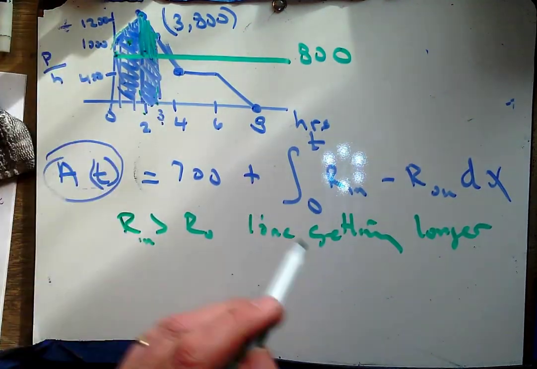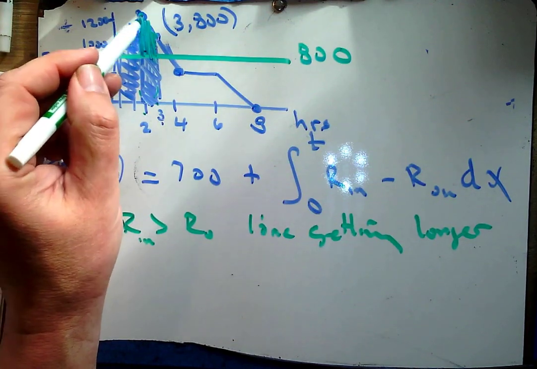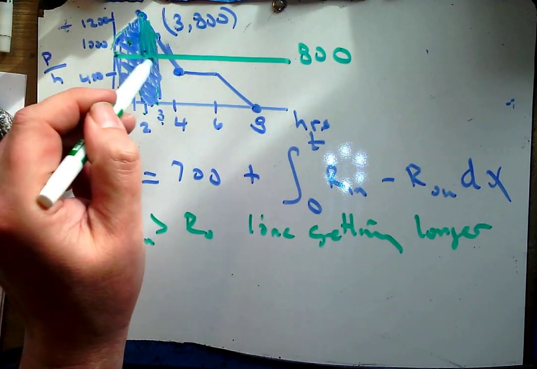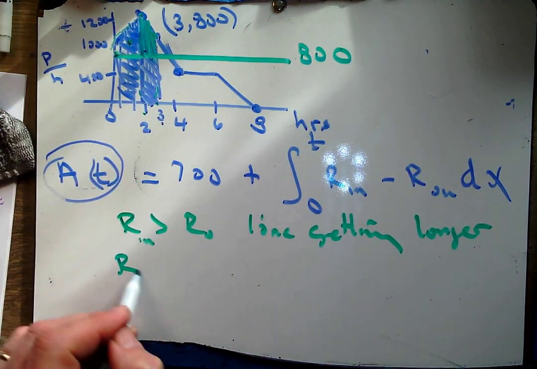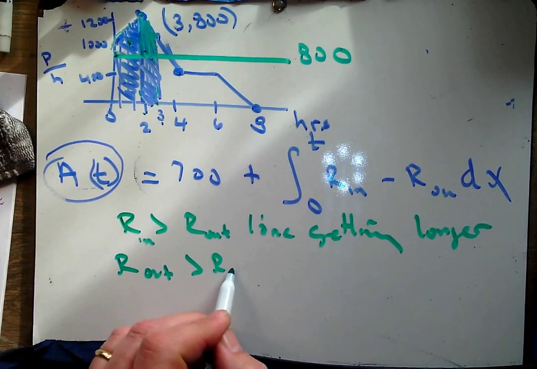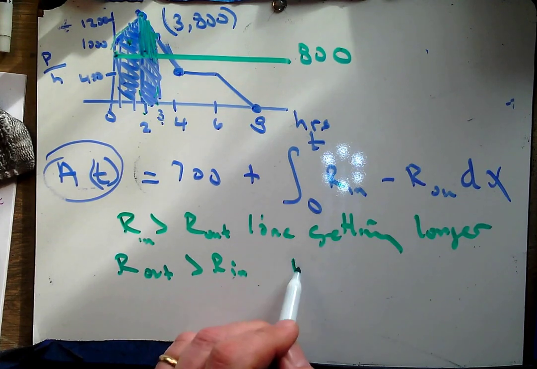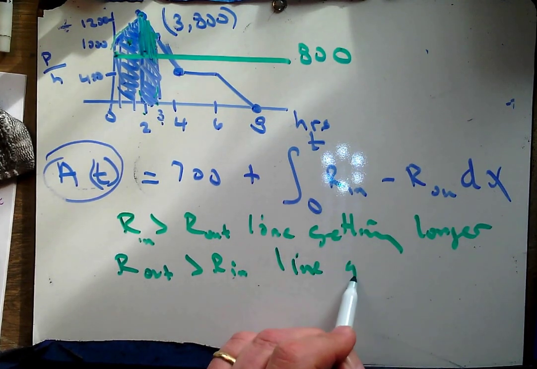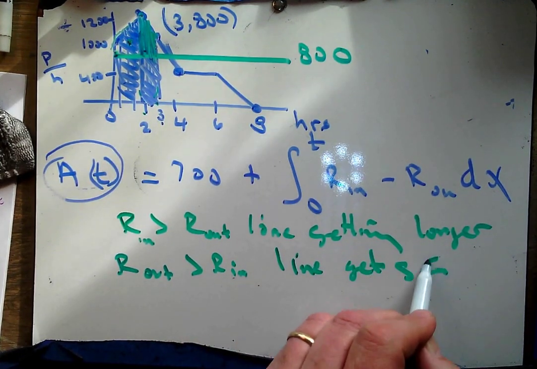The line gets longer whenever rate in is above rate out. But correspondingly, when rate out is greater than the rate in, then the line gets smaller.